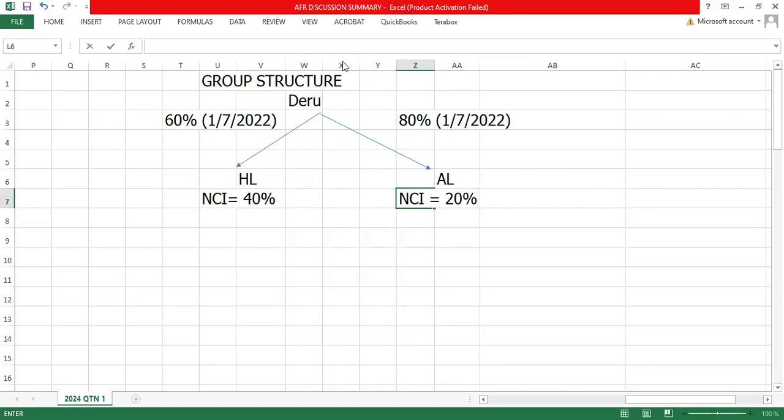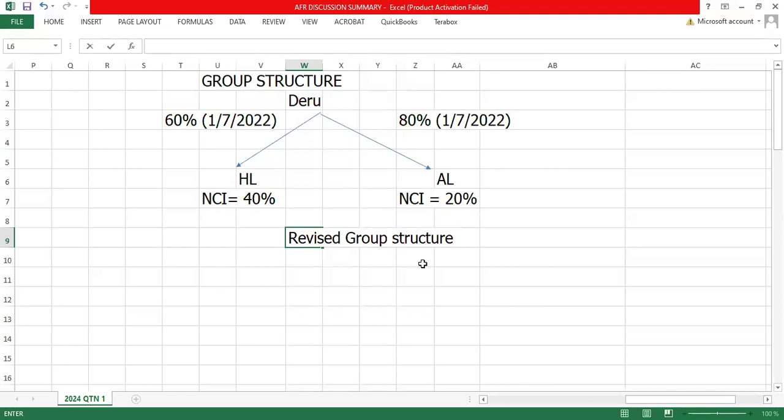So it means that you may have your revised group structure, but that one may not have much impact because it is coming at the year end.